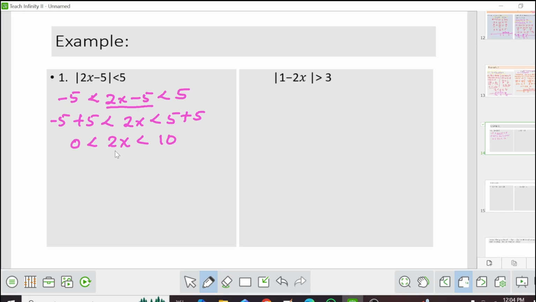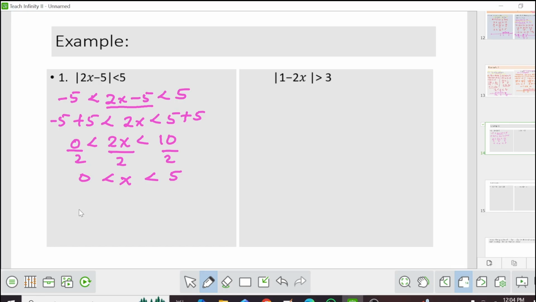Since I need only x here, I'm going to divide through everything by 2. This will give me x greater than 0. 0 divided by 2 is 0. Any 0 divided by any number is always 0. Then less than, this is 5.